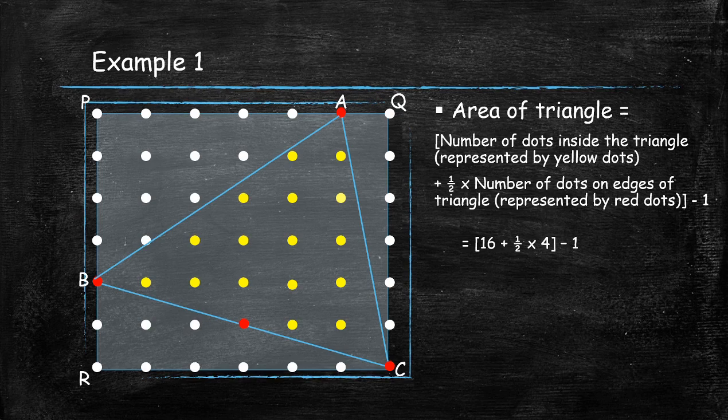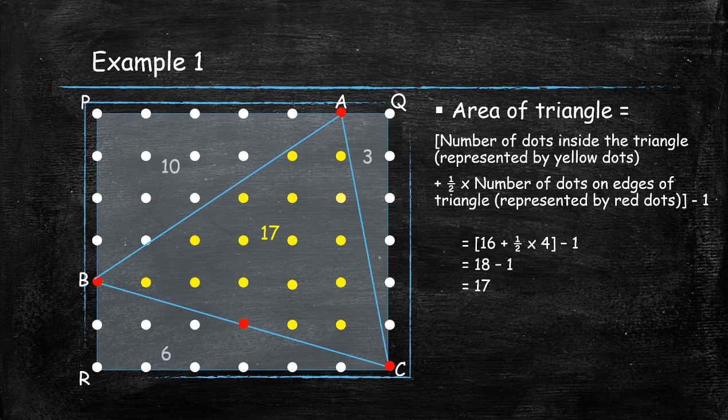So it is the number of dots inside the triangle represented by yellow dots plus half of the number of dots on the edge of the triangle represented by red dots, subtracted by 1. So 16 plus half of 4 minus 1 is equal to 18 minus 1 equal to 17. So the area of this triangle is 17 square units.